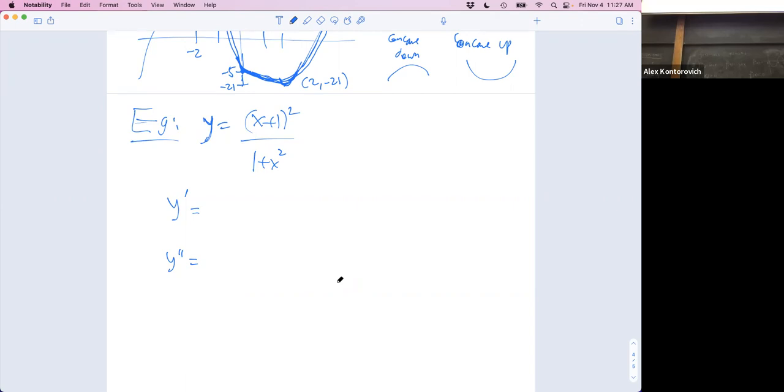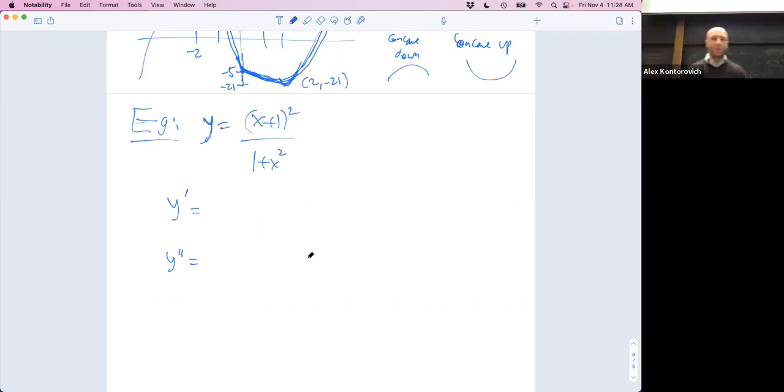The first derivative. Let's make sure we all got that one right before we continue to the second one. So did you do it by logarithmic differentiation or just directly? Either way works. What'd you do?